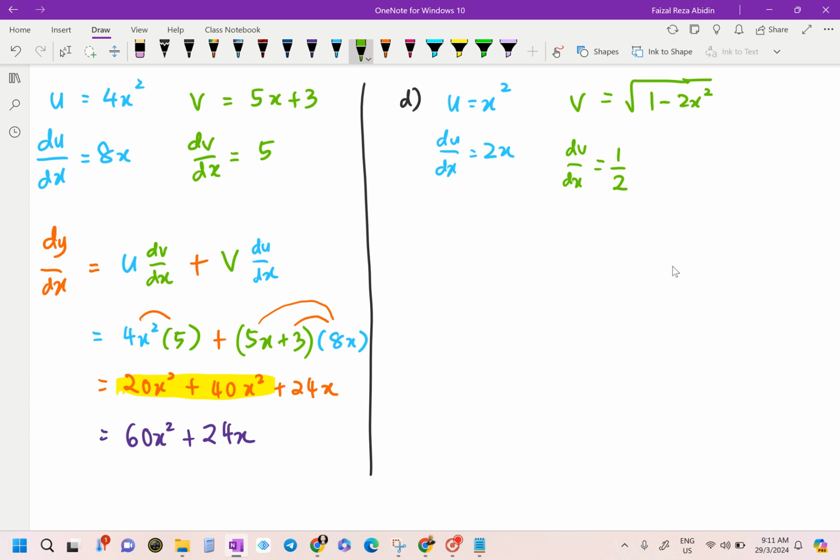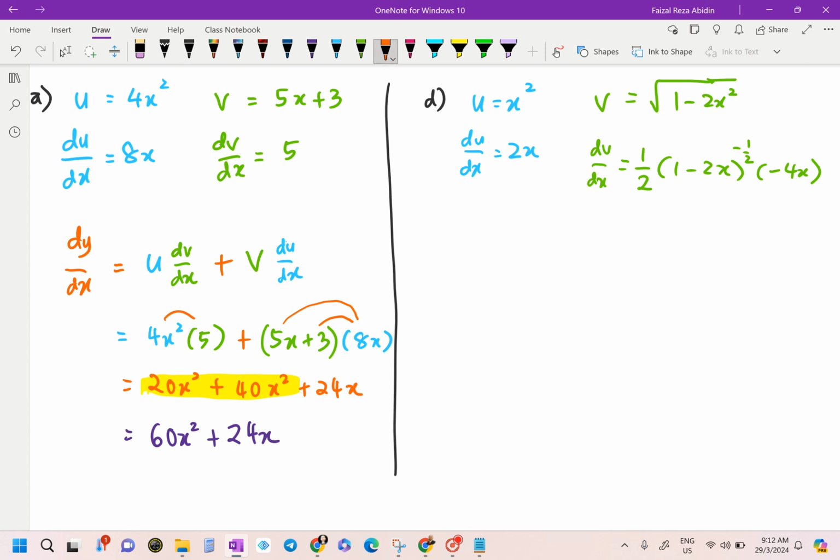So dv dx is 1 over 2 and 1 minus 2x, and the power is 1 over 2 minus 1, which is negative 1 over 2. And then in this bracket, 2 times negative 2, you are going to get negative 4x, isn't it?